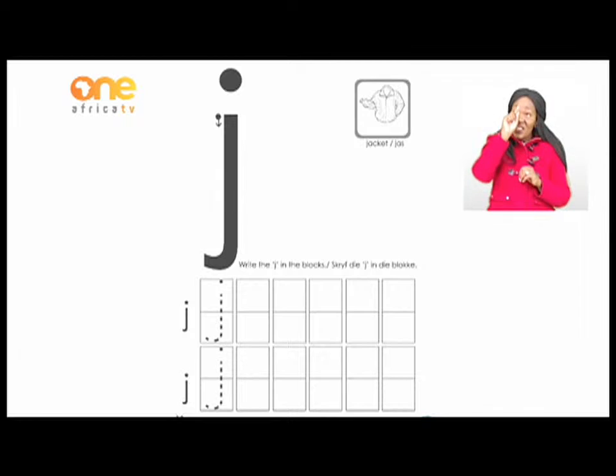Remember to bend his knees backwards and put a dot for his head. I would like you to complete all the letters in the blocks on page 18, just below the letter J, J, J, J for jacket.